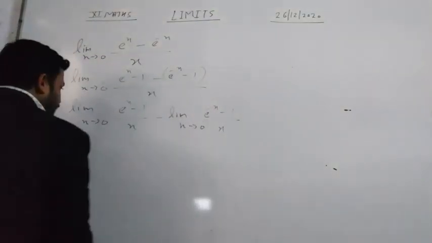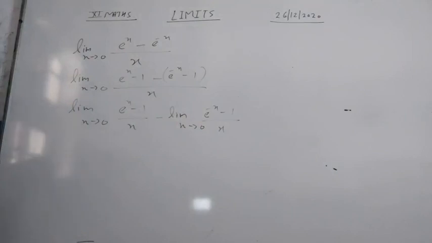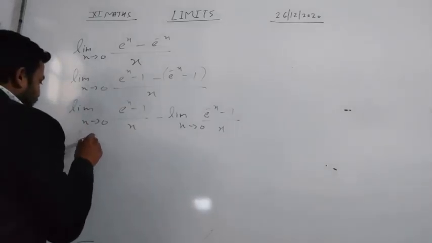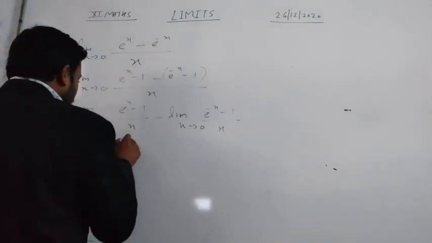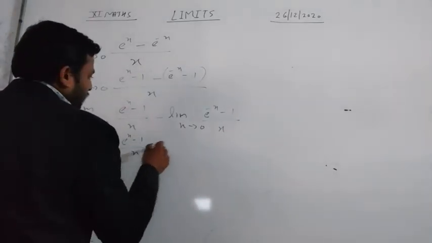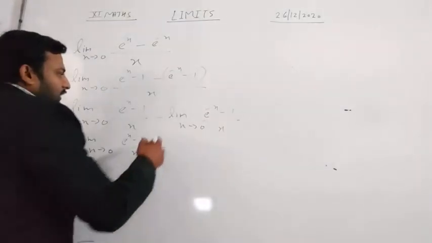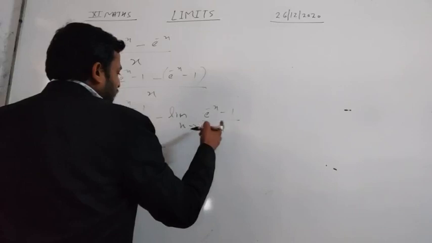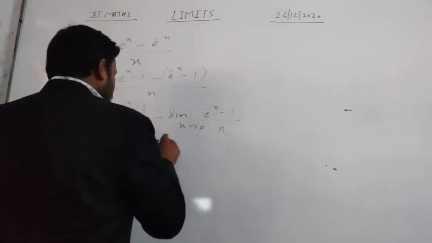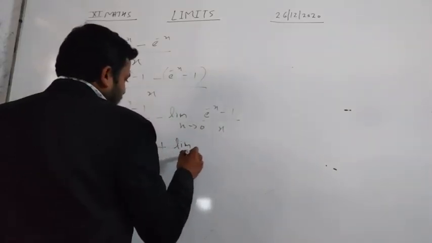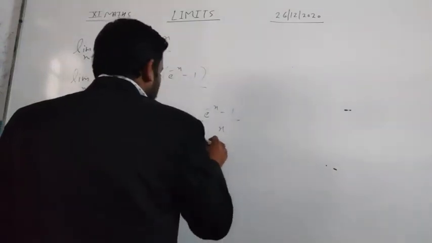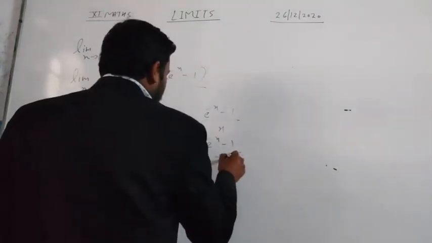Okay, student. Now we will write limit x tends to 0 (e to the power x minus 1) by x, and limit x tends to 0 (e to the power minus x minus 1) by minus x.